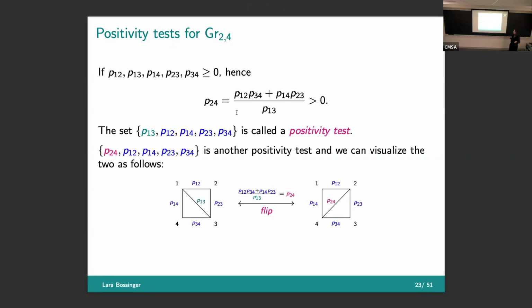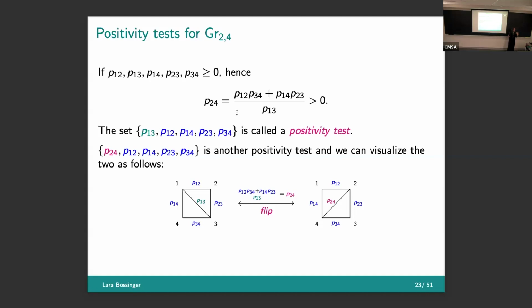If I draw a foregon, or a quadrilateral, there's 2 ways to triangulate it. And depending on the choice of diagonal, I can associate a collection of Plücker coordinates, choosing their indices at the edges that appear. And then the 2 positivity tests correspond to the 2 triangulations, and they're related by this.